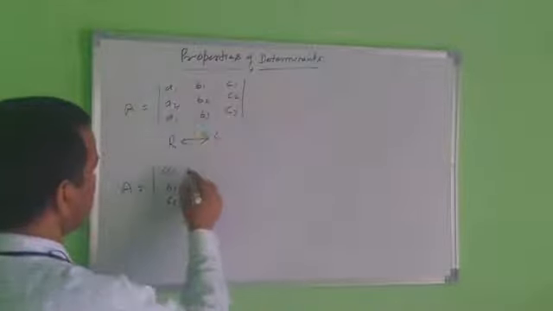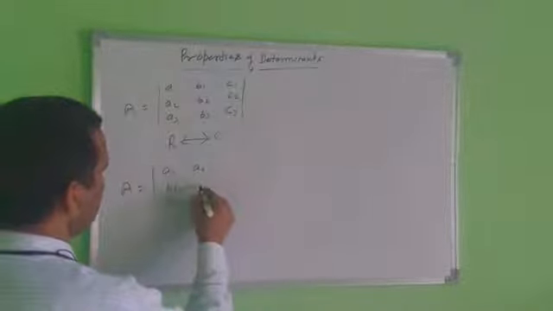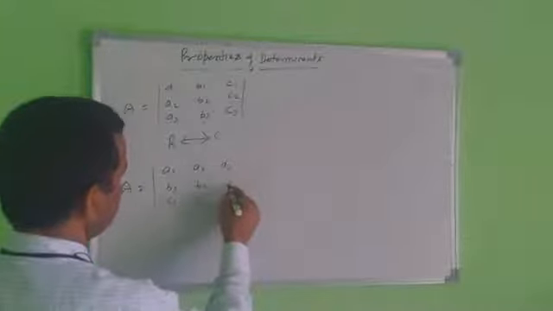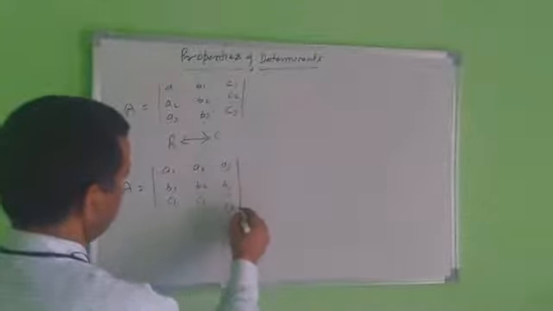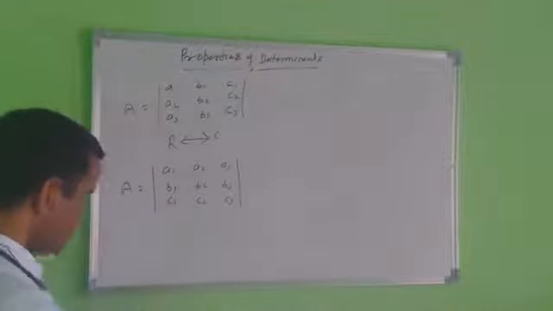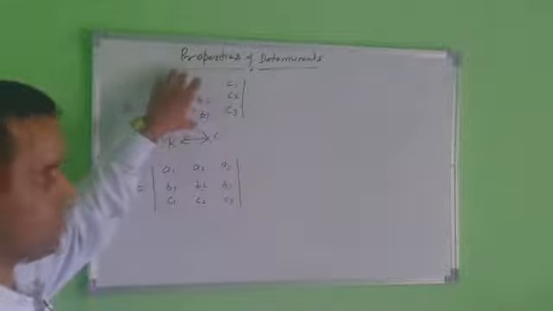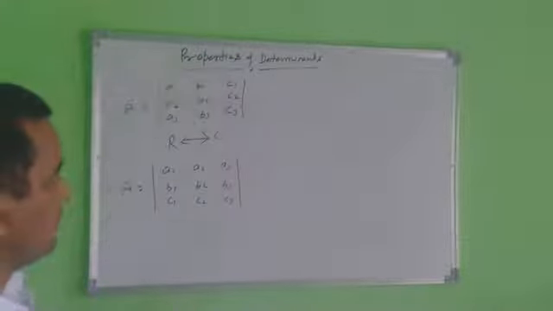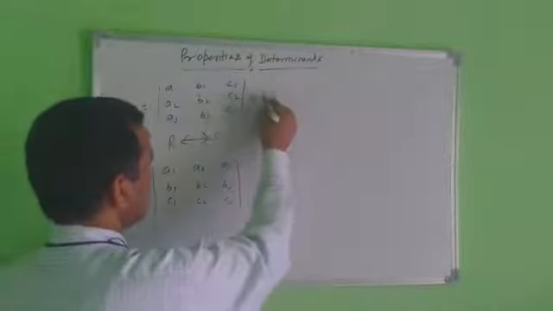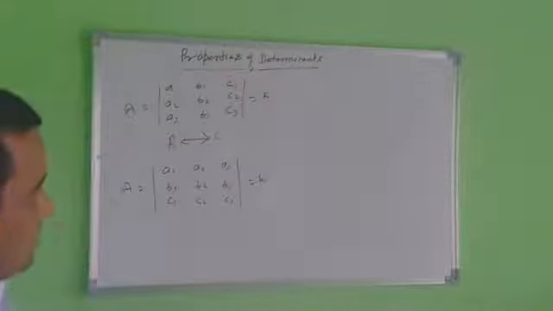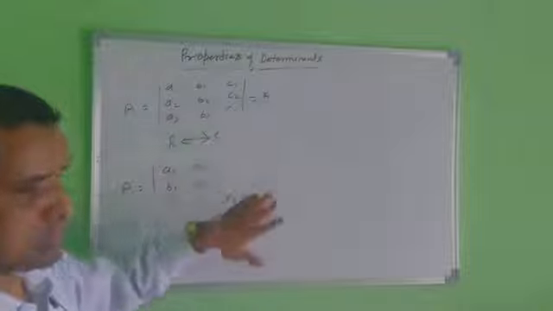The second row converts to the second column: A2, B2 and C2, and A3, B3 and C3. Suppose the value of the determinant is K. After interchanging, the answer is also K. It will never change. The sign will not change, the value will not change.